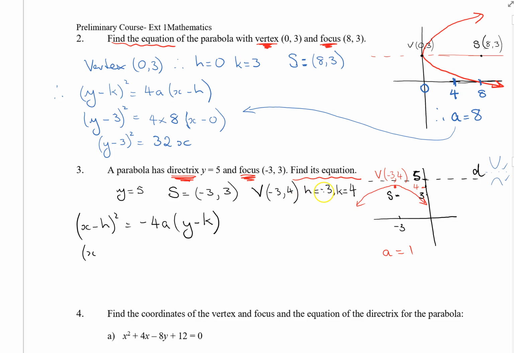Now this is where those of you that will show every step, be very careful, won't make the mistake. Those of you that are trying to take shortcuts will probably make a mistake here. x plus 3 all squared is -4, and a is equal to 1, so we've got -4 times y minus k, but k is equal to 4. And so we've got our equation.